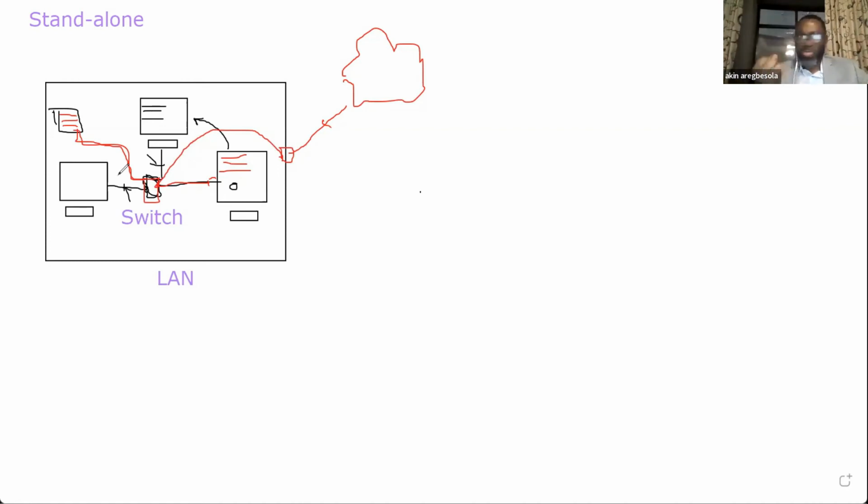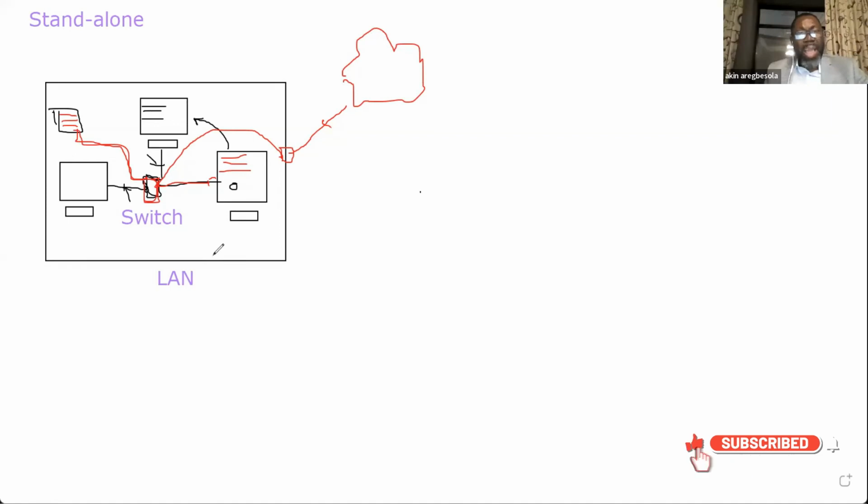Without a switch, there's no wired network. So once you have the internet coming in from your modem and you connect it to the switch, anything connected to the switch would become centrally available to all of the devices. Are you getting it?